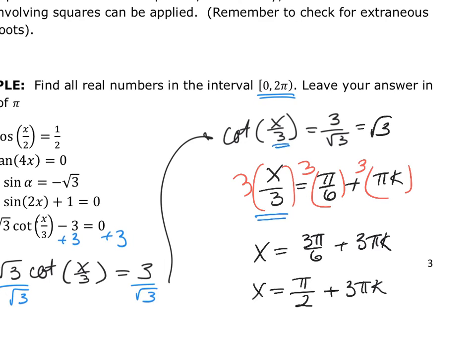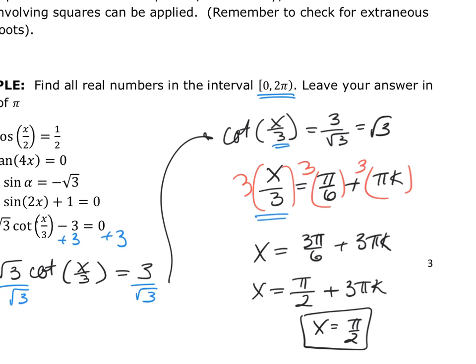So now I ask myself, my first angle is pi over 2. Is pi over 2 in that interval between 0 and 2 pi? Yes. If I add 3 pi k, is that in that interval? No. So this is my final answer.